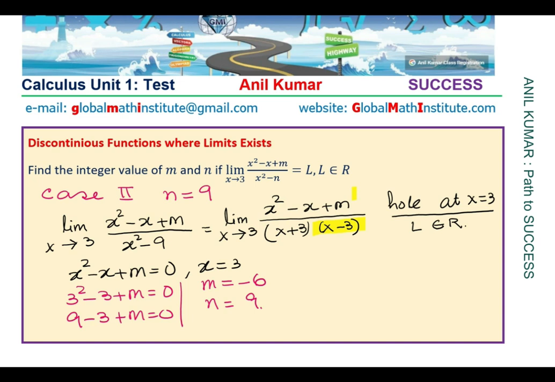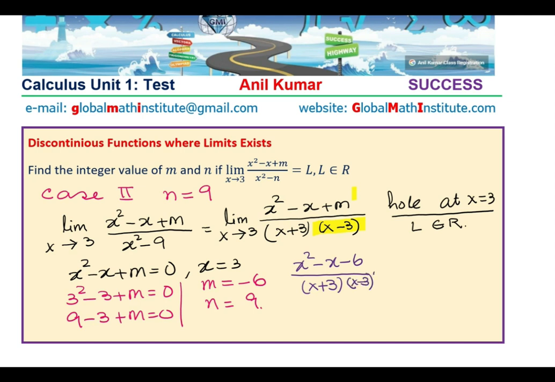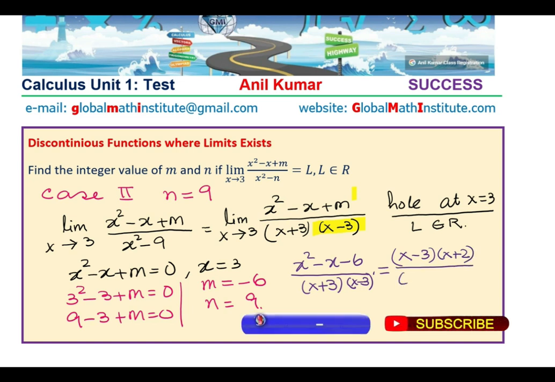That becomes another solution. You can always check this solution because if I put minus 6 here, then we have x squared minus x minus 6 over x plus 3 times x minus 3. The numerator can be factored: we have 3 times 2, so we get x minus 3 times x plus 2, over x plus 3 times x minus 3.